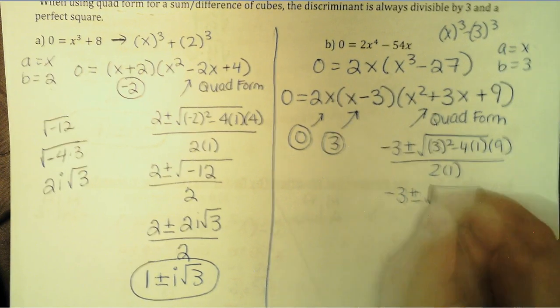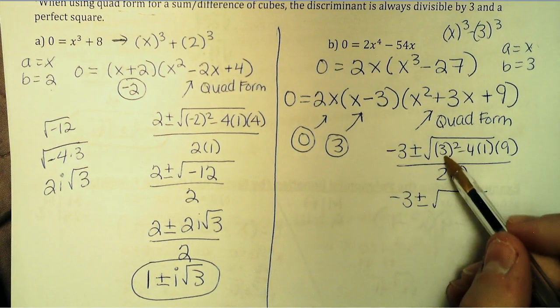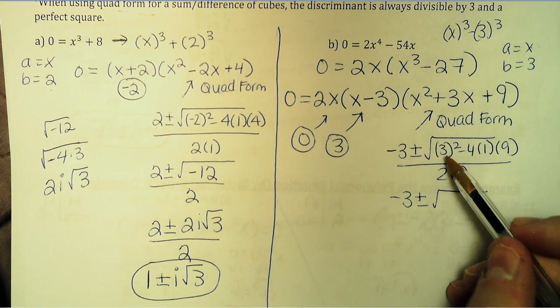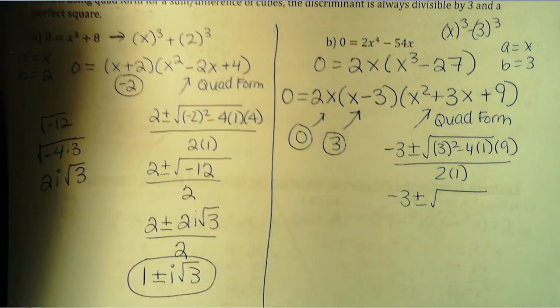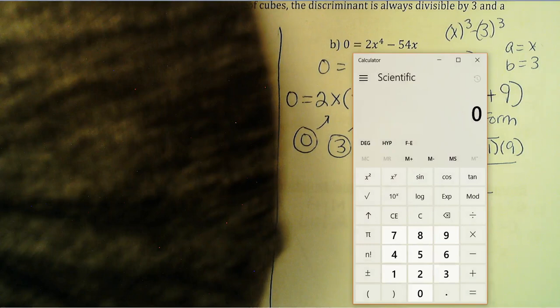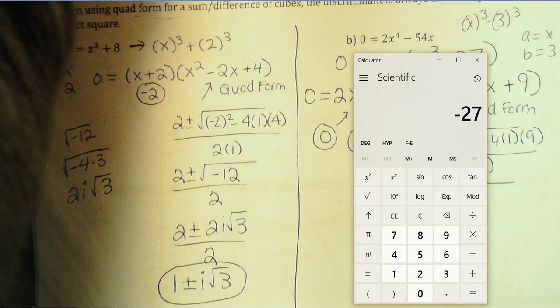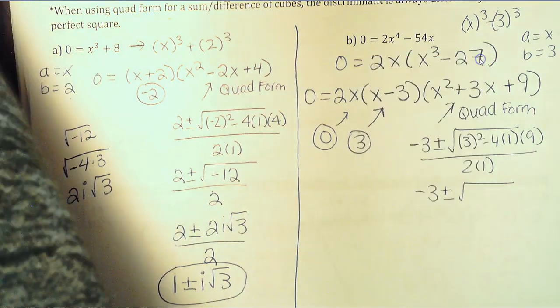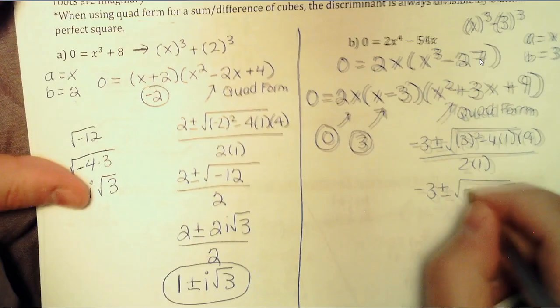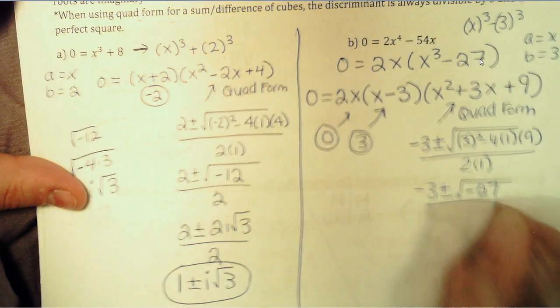And if we simplify what's underneath here, 3 squared is 9, and then from that I'm going to subtract the 4 times 9, which is 36. So if I do 9 minus 36, I'm just grabbing my calculator here, we're going to get negative 27. Alright, so under the radical, negative 27 over 2.